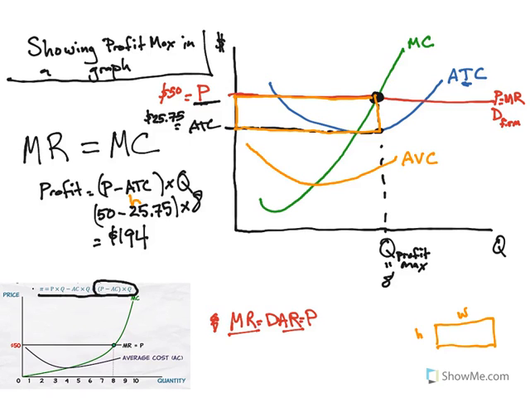This is our height, and this is our width. The width is the quantity, and the height is the difference between the price and the cost per unit. So this shaded area is the area of profit in a graph, which is just the difference between the price that the seller can get and how much it costs per unit to produce, times the quantity that they were producing.